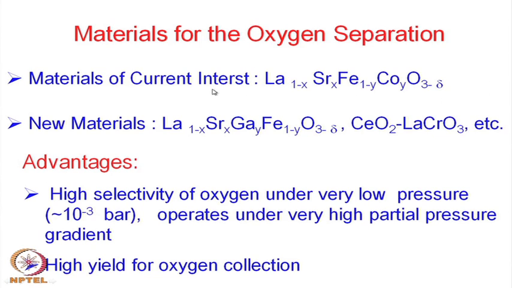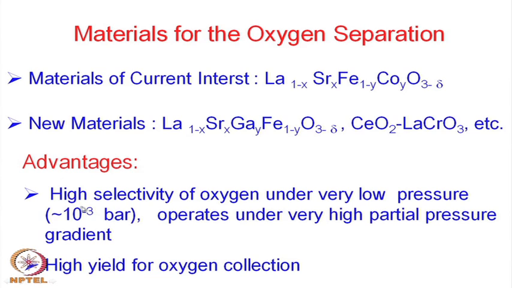Okay. So, this is what they call oxygen separation, oxygen ion plus electronic conductivity. Some of the new materials are also being researched on, that is lanthanum strontium gallium ferrite. Instead of cobalt, it uses gallium, or even cobalt oxide lanthanum chromite. Lanthanum chromite you have come across as an interconnect material, and a mixture is basically a composite of cobalt oxide and lanthanum chromite, that can also be used for these purposes.